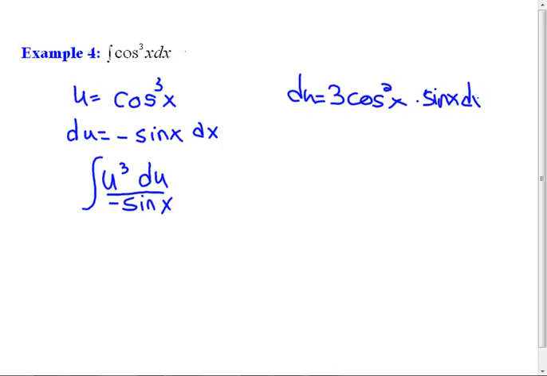That looks worse, doesn't it? dx is, you want that to be u, so that'd be u, and then this would be 3 cosine squared of x times the sine of x. That looks even worse. Is that right or wrong? I don't know how to do that, do you? You can't do it that way.